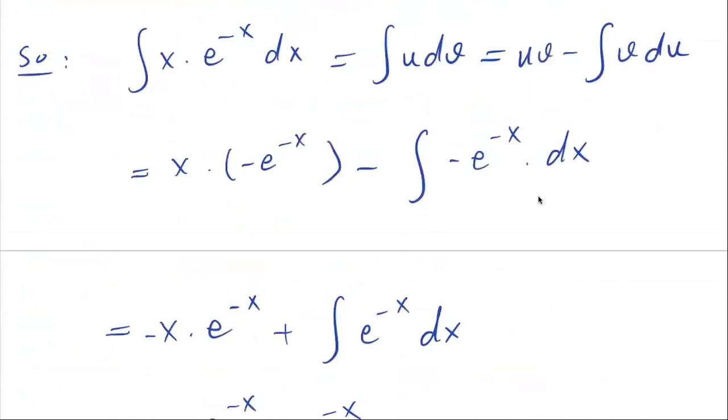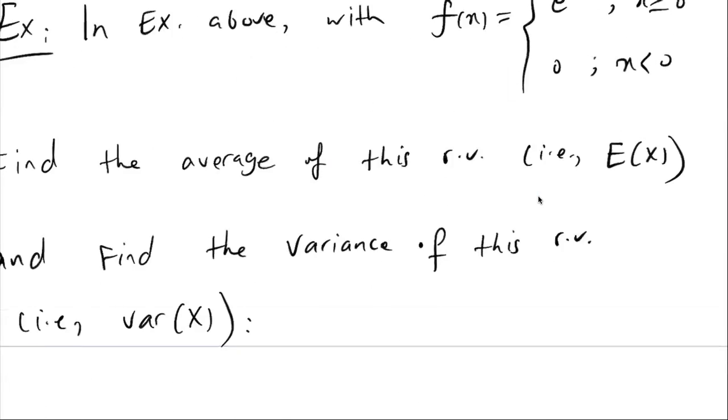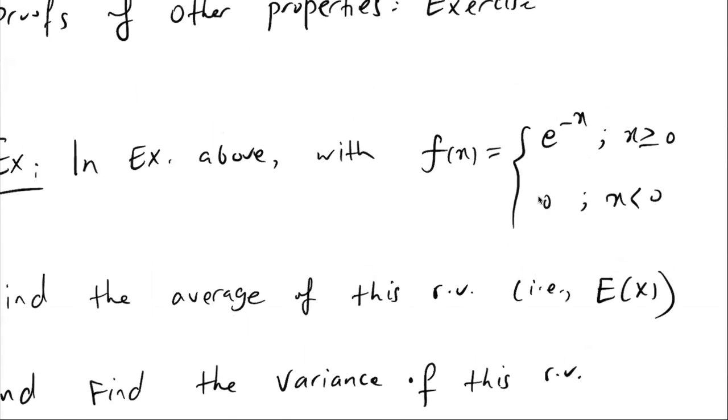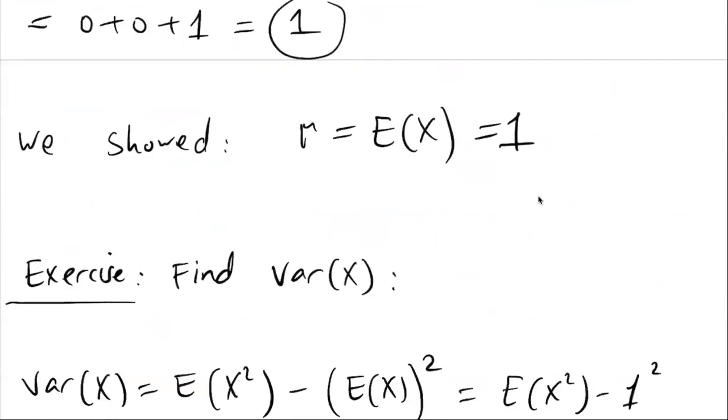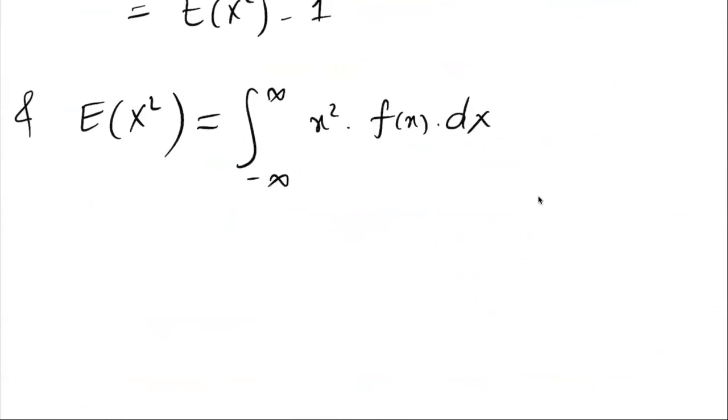And if you remember, f of x is 0 for x less than 0. So instead of minus infinity to infinity, I can just say 0 to infinity and replace f of x with e to the minus x. So I'll be left with the integral from 0 to infinity of x squared times e to the minus x dx. And then the rest is just calculating this integral.